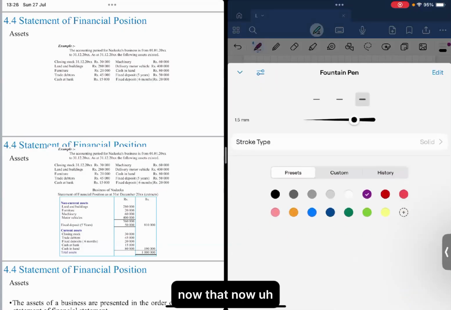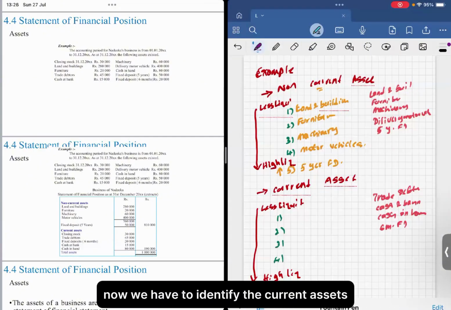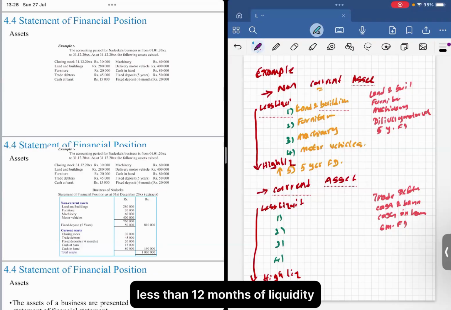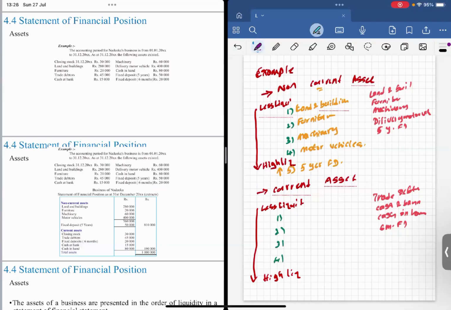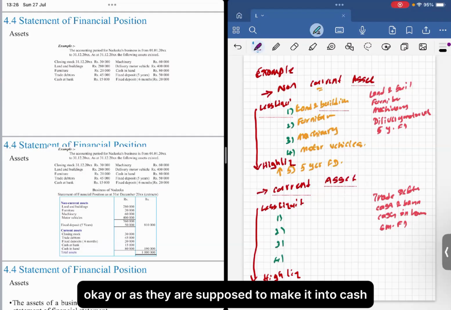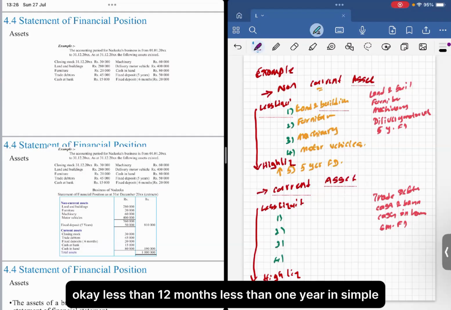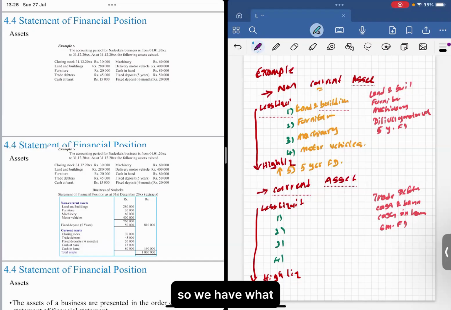Now we have to identify the current assets. Current assets are assets that are supposed to turn into cash within 12 months, less than 1 year in simple terms.